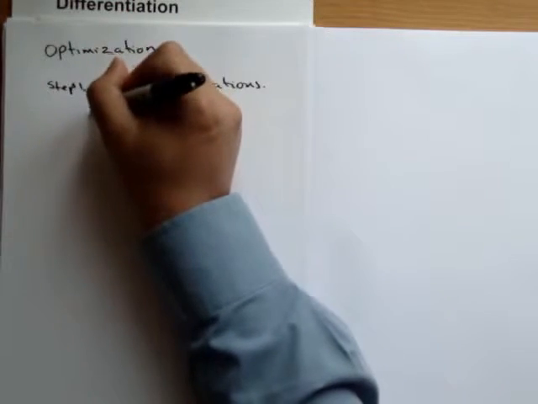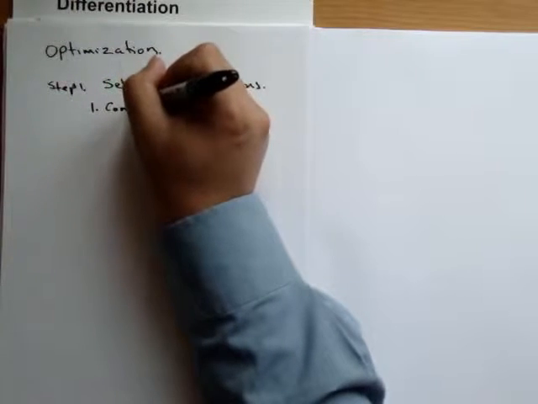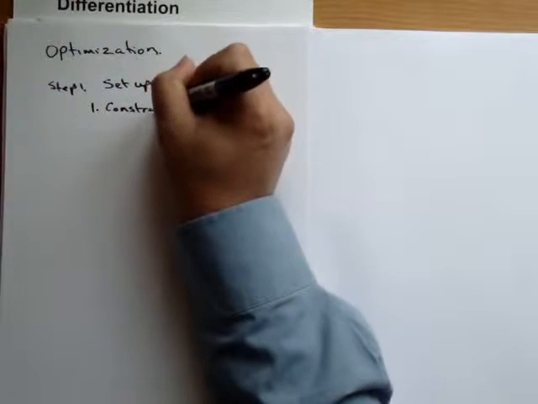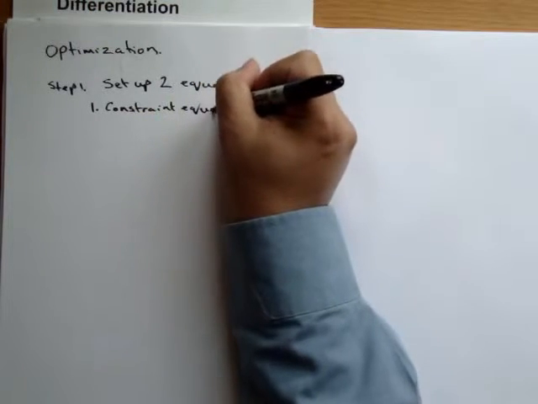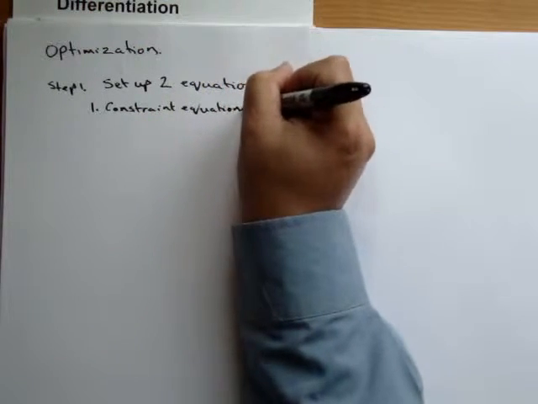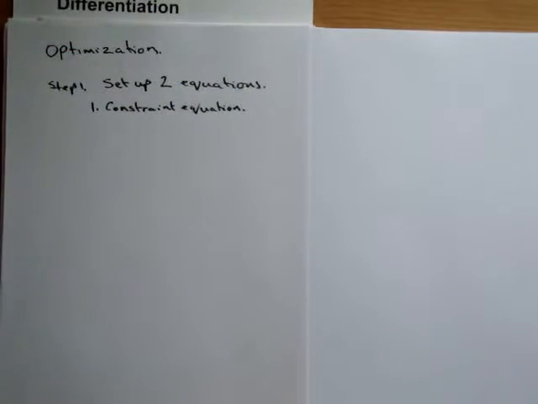The first equation is usually called the constraint equation, and we are usually given something which makes the constraint equation. So for example, we're given a volume as being, say, 200 centimeter cubed, or we're given a surface area or something like that, and we make a constraint equation.